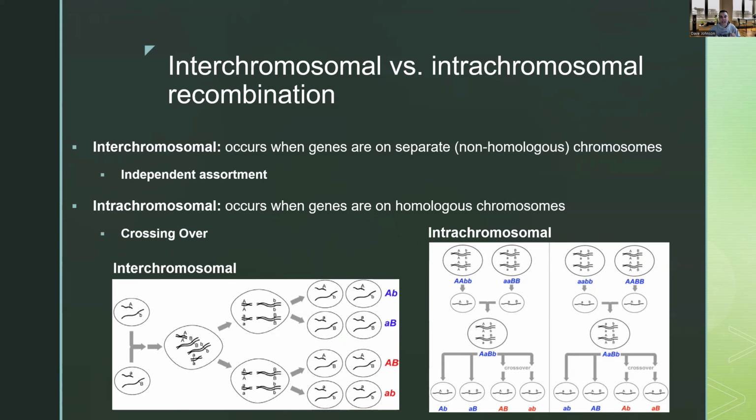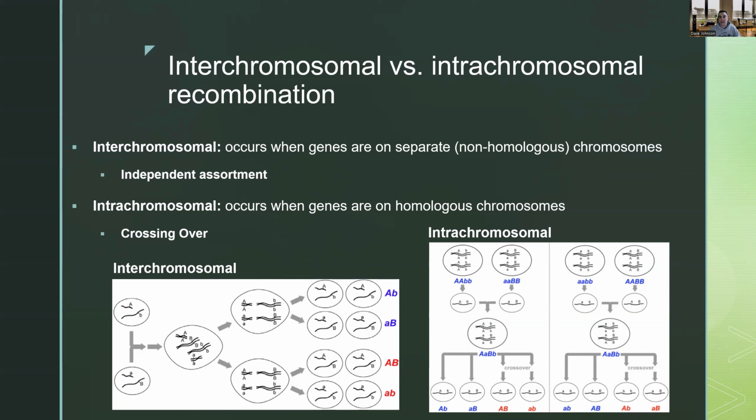Interchromosomal recombination happens during meiosis, during metaphase 1, where you have that independent assortment. If you recall, during metaphase 1, you've got those tetrads lined up, two pairs of sister chromosomes that are homologous to each other. They line up randomly, so mom's chromosome 1 goes this way and dad's goes this way, but mom's chromosome 2 goes this way and dad's goes that way.